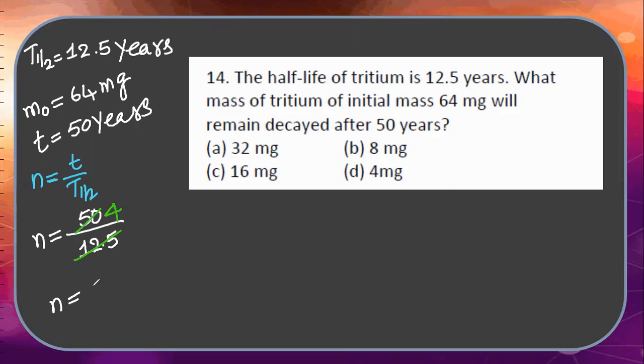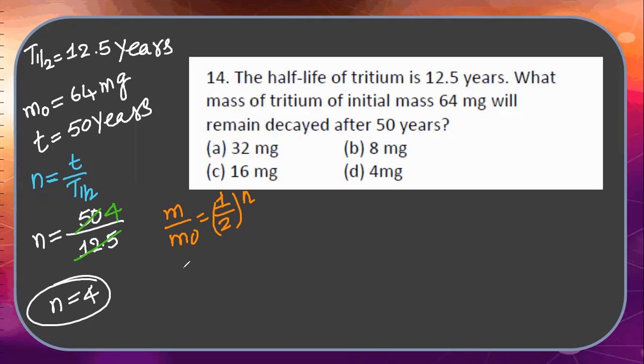Therefore, n is equal to 4. The number of half-lives is 4. Then how much mass remains after these 50 years, they have asked. So we take M divided by M naught is equal to 1 by 2 whole power n.